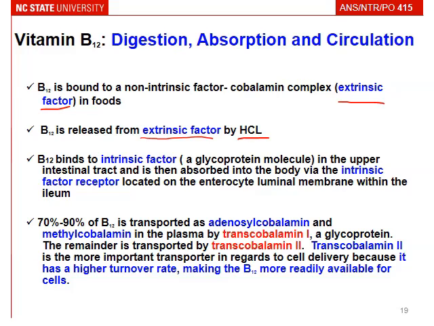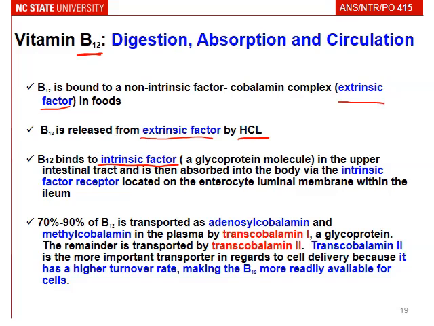And then we need that B12 to bind what we refer to as intrinsic factor. And this is the whole reason why a lot of hindgut fermenters actually practice coprophagy, for them to obtain their B12.